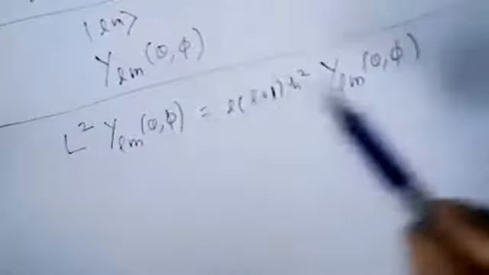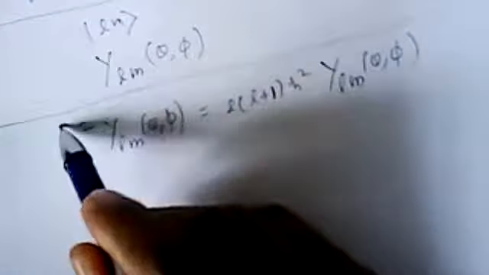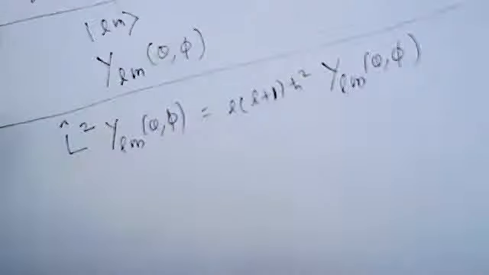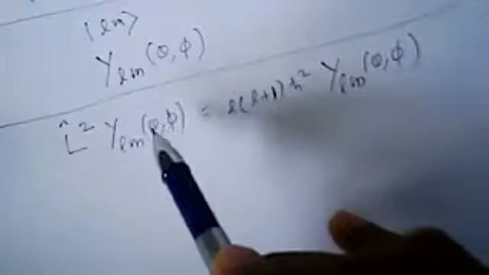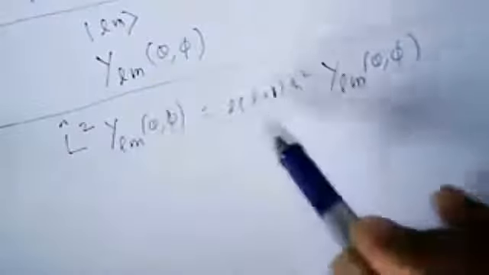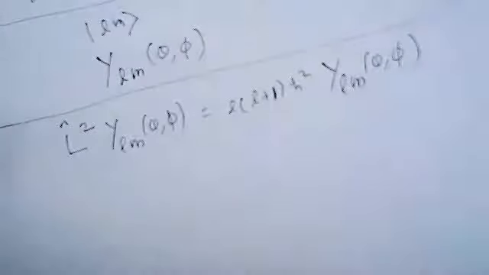This is the eigenvalue equation of L square: an operator acting on an eigenfunction gives eigenvalue into eigenfunction.